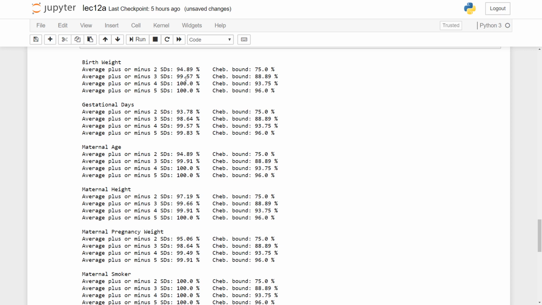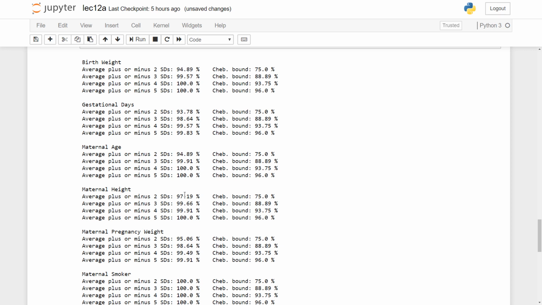The data told us that 100% of the data is within 4 standard deviations from the average. The Chebyshev bound was 93.75. So you will always see that the actual numbers from the data are greater than or equal to the Chebyshev bounds, which are a lower bound on what we see actually in the data. By that, we end our lecture.